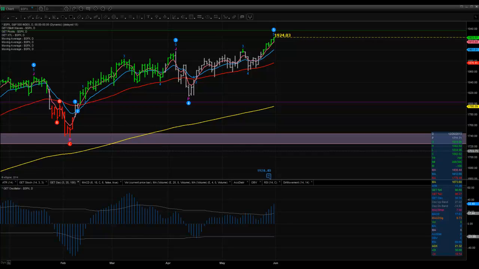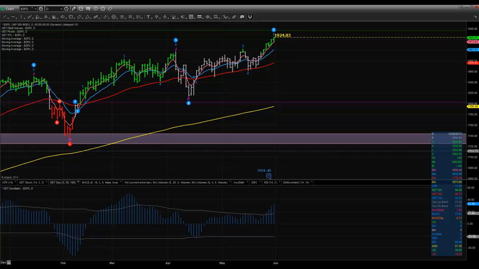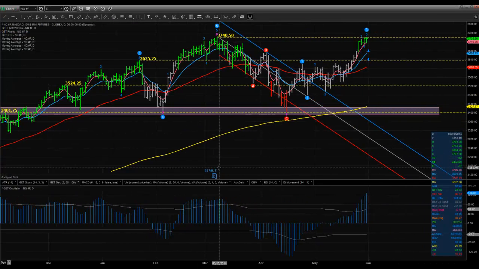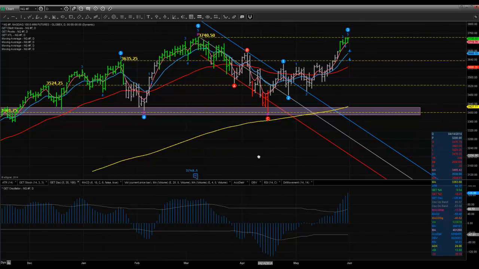Now, if we come back in, let's take a look at the Russell, or I'm sorry, not the Russell, but let's look at the Nasdaq, because the Nasdaq was the best performer for the month of May. If we look at the Nasdaq futures, you can see here we've come up, and we are now hitting the prior highs that we made back in early March before we started that down move in Nasdaq.